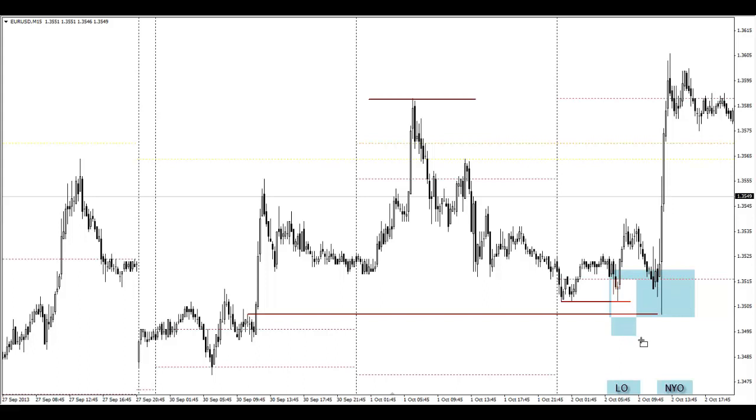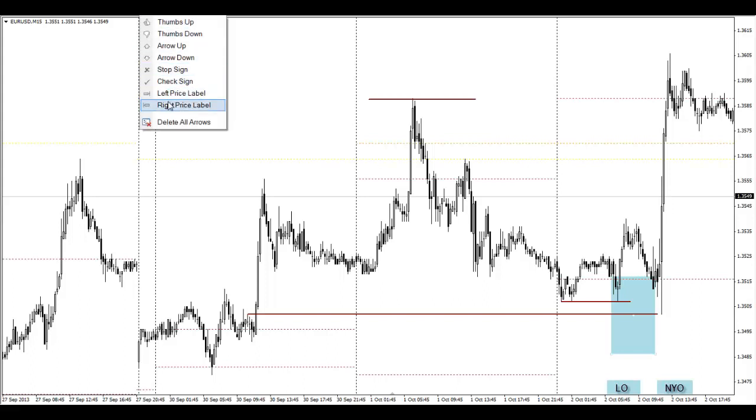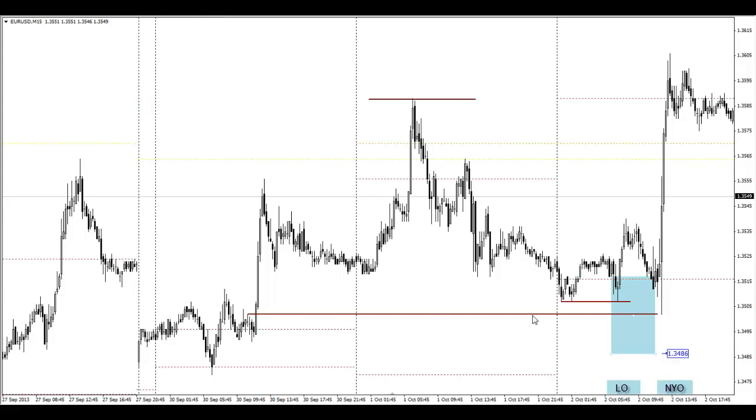If we use, let's get rid of this rectangle here. If we use 30 pips as a stop, our stop would reside down here, 134.86 or thereabouts.